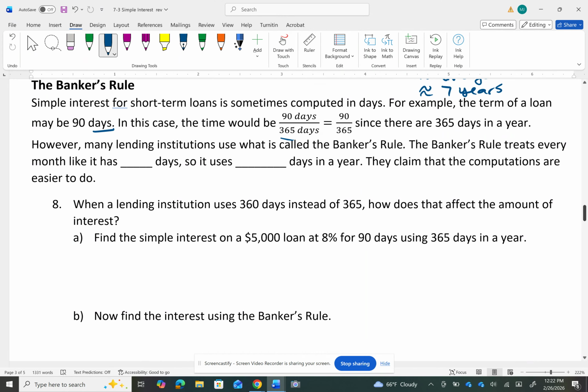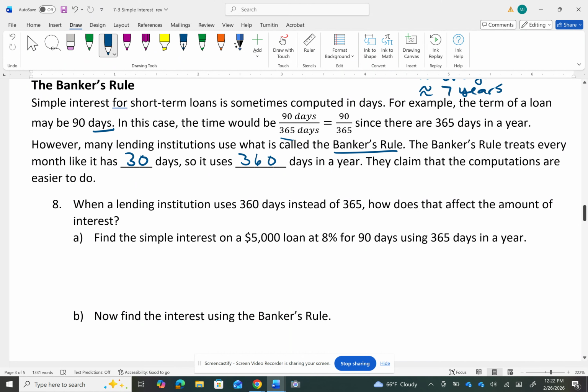All right, so some lending institutions might use something called the banker's rule. All that the banker's rule does is treat every month like it has 30 days, and then it uses 360 days in a year.